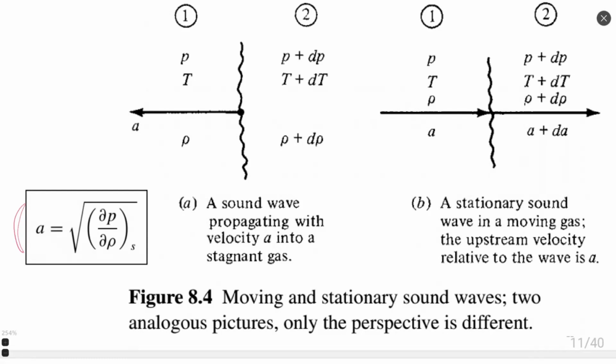To obtain the definition of speed of sound in terms of thermodynamic properties, which could be used inside our equation system, we can use approach A, which is shown on figure 8.4, or approach B. These two approaches are equivalent.